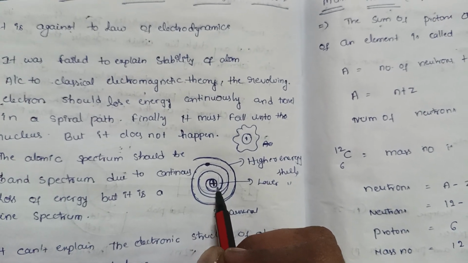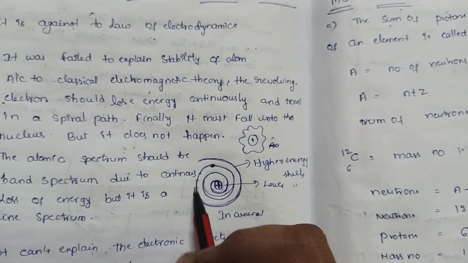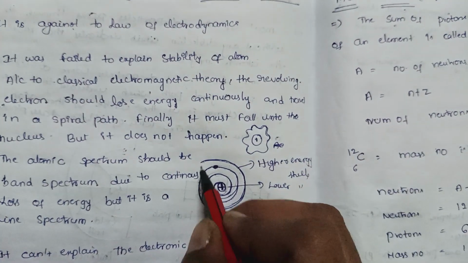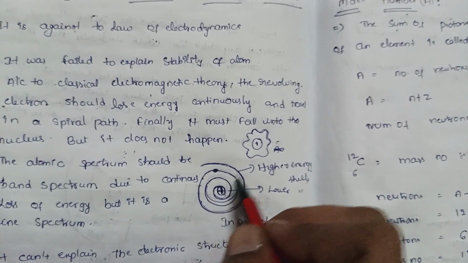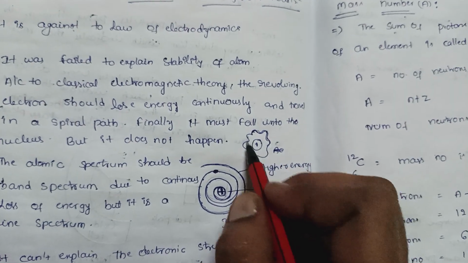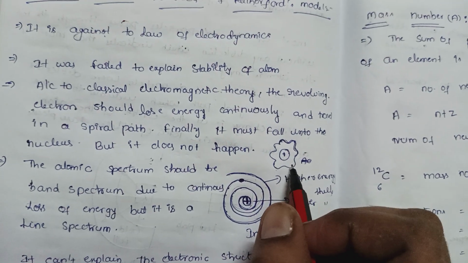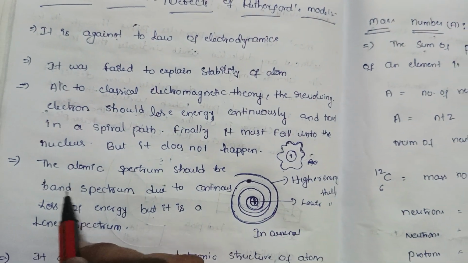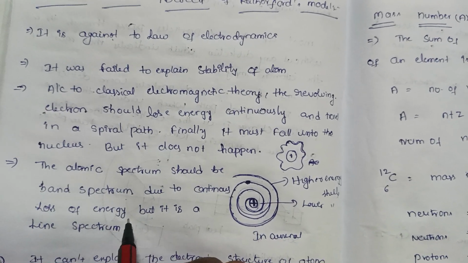But this is not happening when an electron revolves around the nucleus, because it behaves like a wave. So he didn't explain the stability of the atom or the wave nature of the electron. This is the drawback of Rutherford's model. The atomic structure should give a band spectrum due to continuous loss of energy.